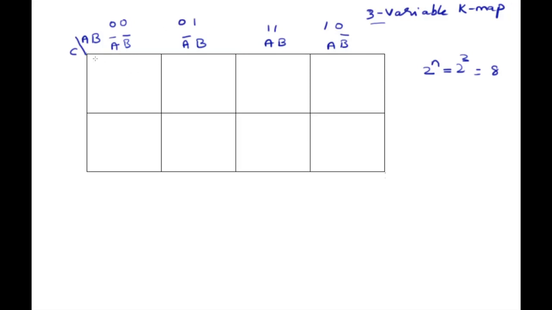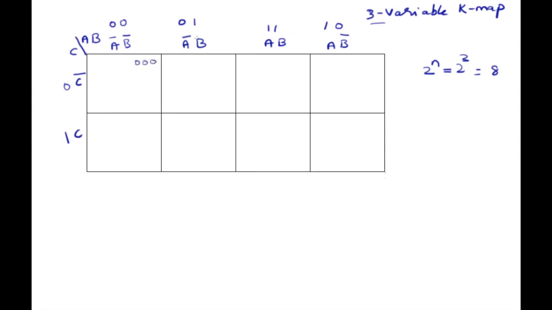Now next, coming to C. This is only one variable, so this is C bar and C. It means 0 and 1. So these are the three variables. Now if I start with A, B and C, in this cell you have 0 0 0.